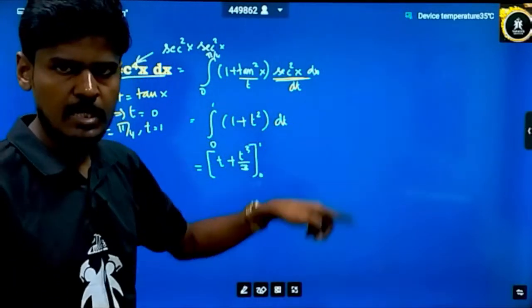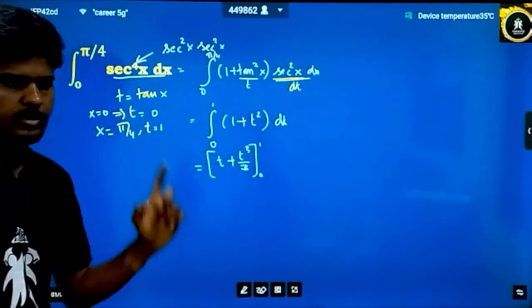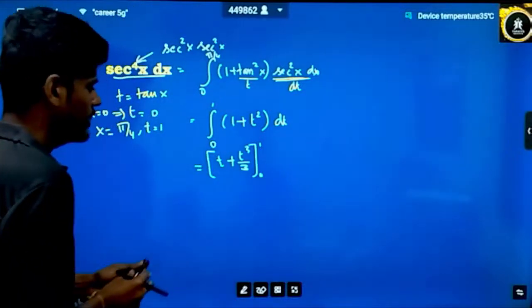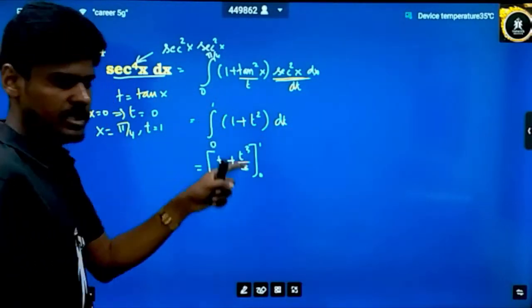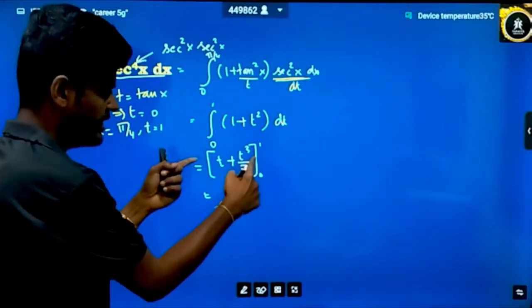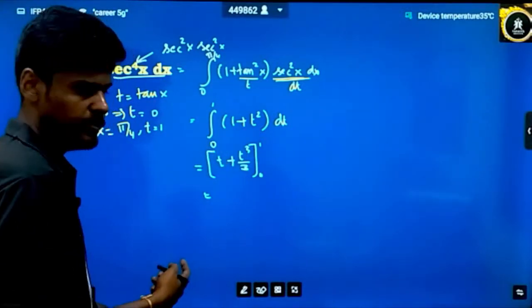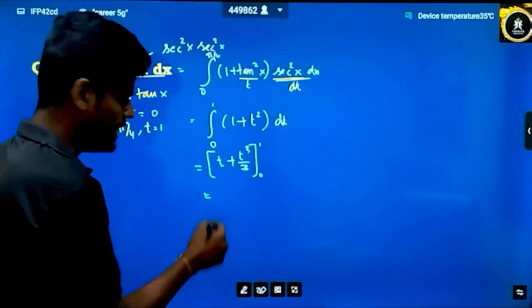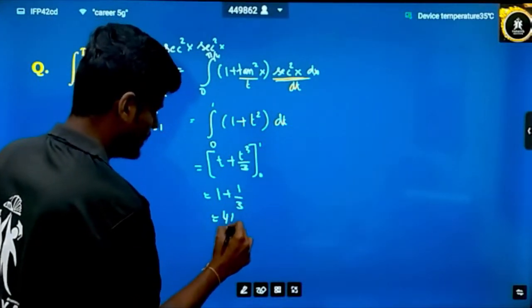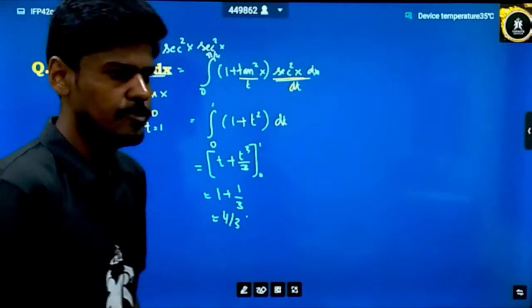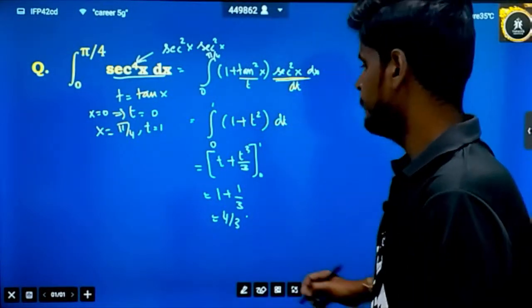So don't forget to change the limit also, right? Now what is the value? When you apply the lower limit, t is 0, t cube is 0, so the lower limit gives 0. The upper limit value will be 1 plus 1 by 3, that is equal to 4 by 3. So the answer is 4 by 3.